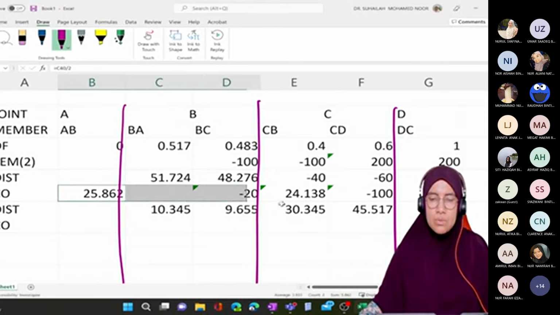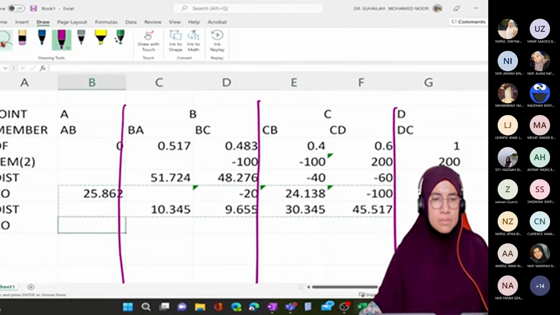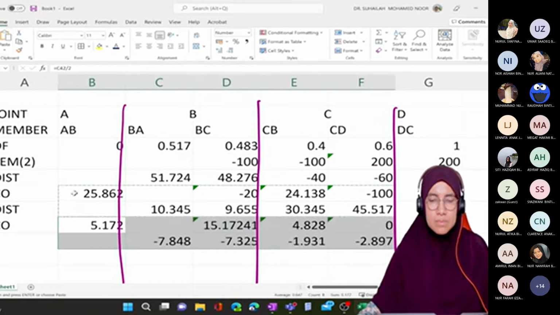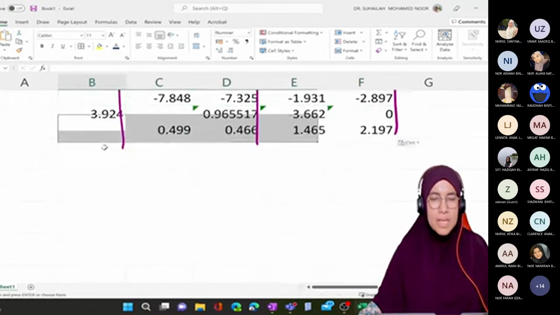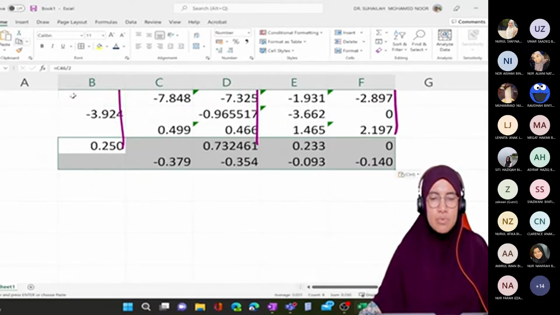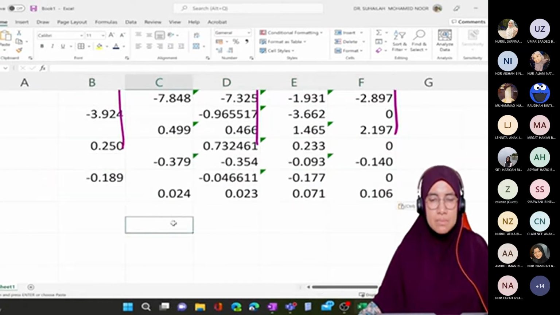Okay, now I want to copy until the last distribution reaches zero value, 5 or 6 times.